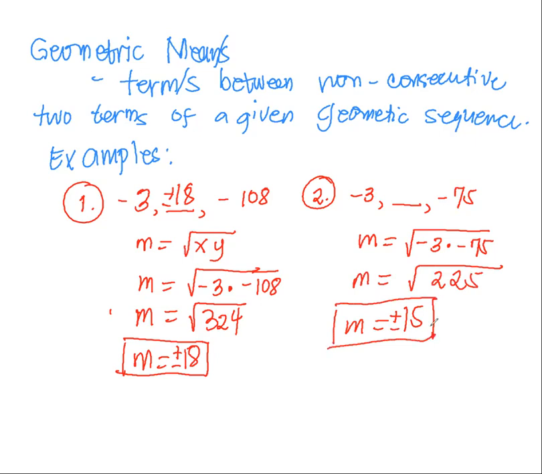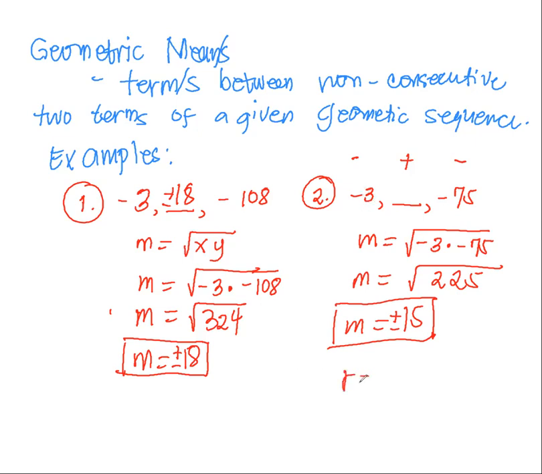Okay? So bakit ko sinasabing it can be positive, it can be negative? Kasi pwedeng ang sequence niya ay negative, positive, negative. Okay? It can be negative, positive, negative. So for example, -3.